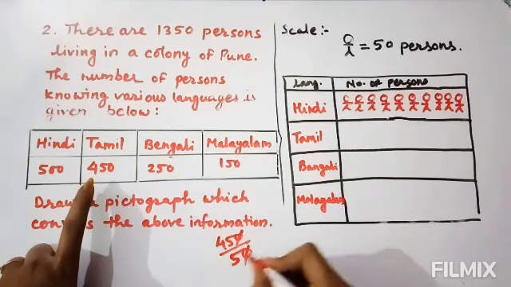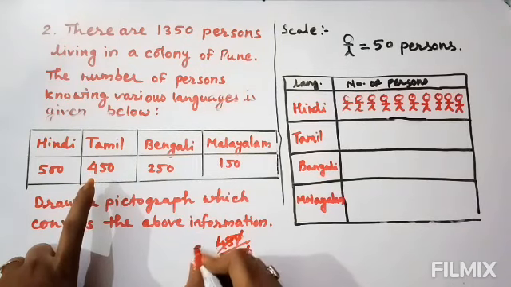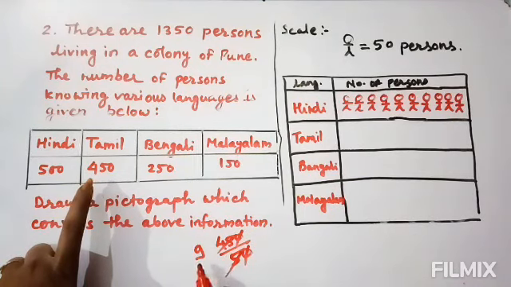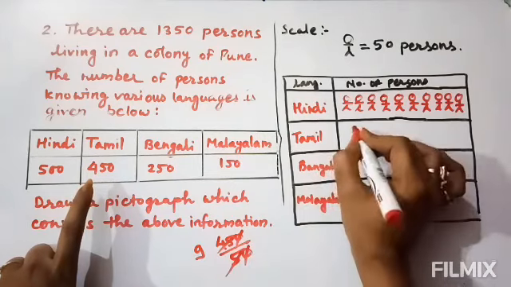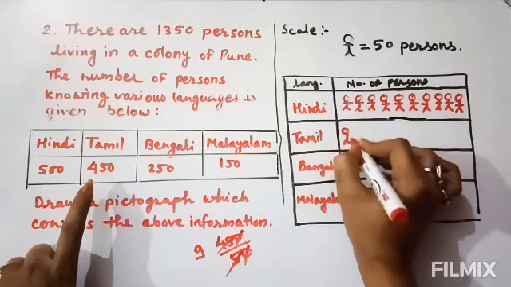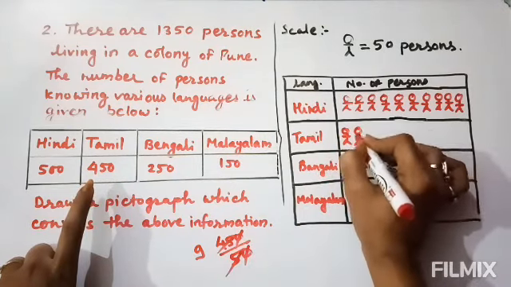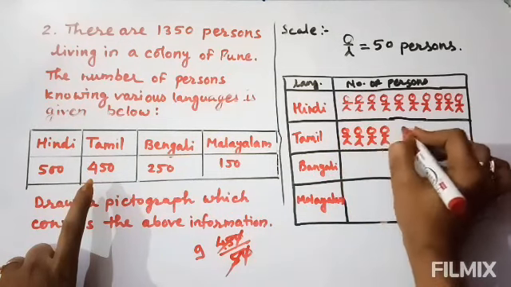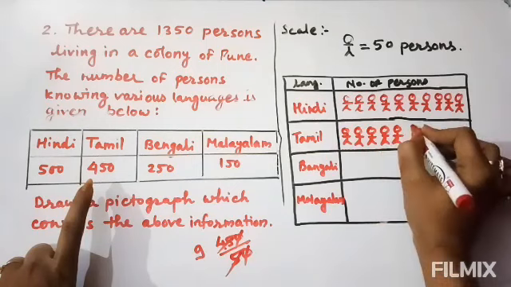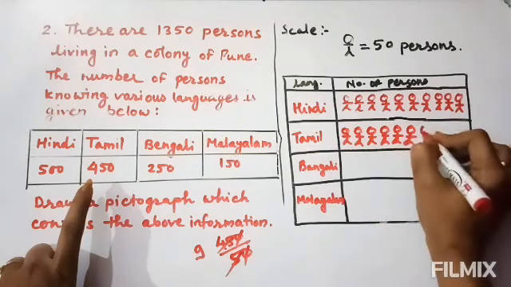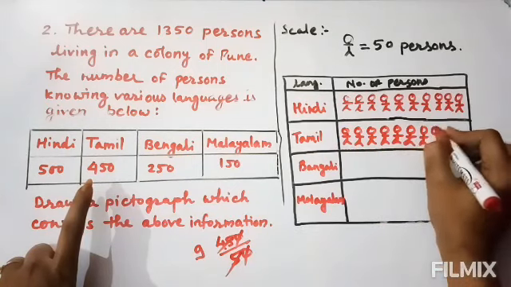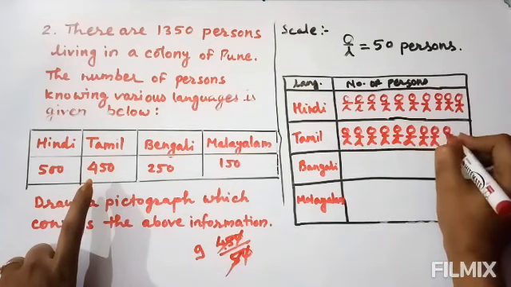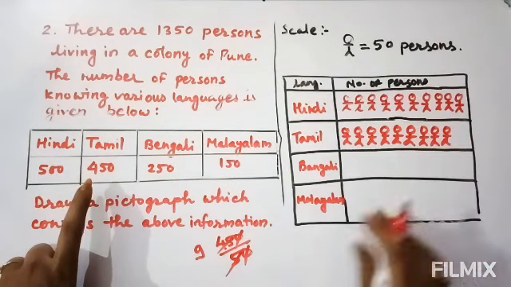Now for Tamil, 450 persons know the language and the scale is 50. 0 will divide by 0 and 5 nines are 45. So we will draw 9 pictures for Tamil: 1, 2, 3, 4, 5, 6, 7, 8 and 9. Am I clear?